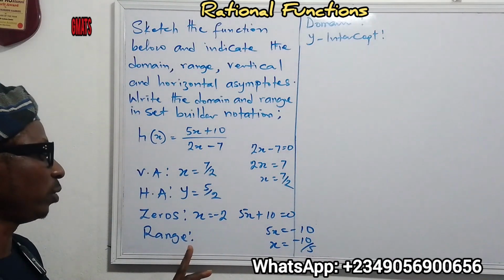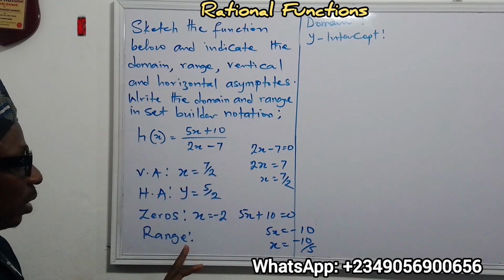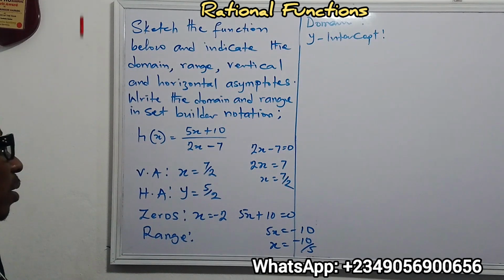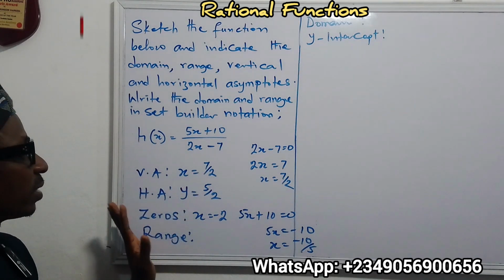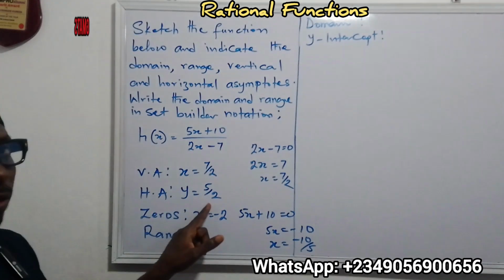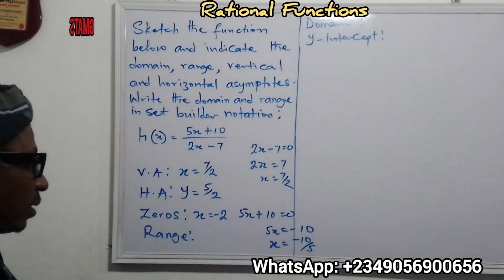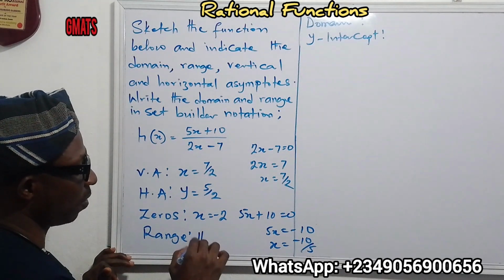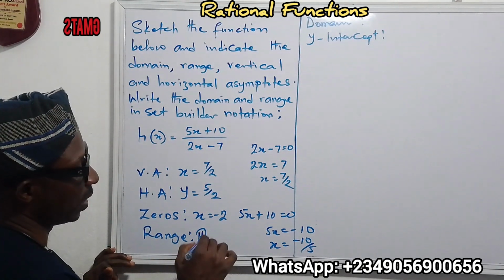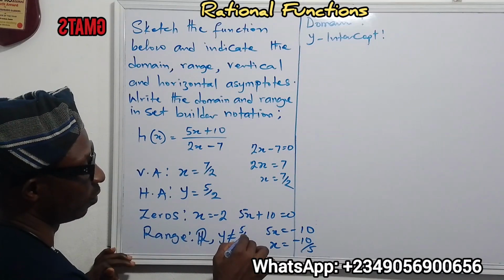Okay, now how do we get the range and the domain? Let's start with the range. The range is the set of all real numbers apart from the horizontal asymptote. If I want to write that, I will write the set of all real numbers where y is not equal to 5 over 2.